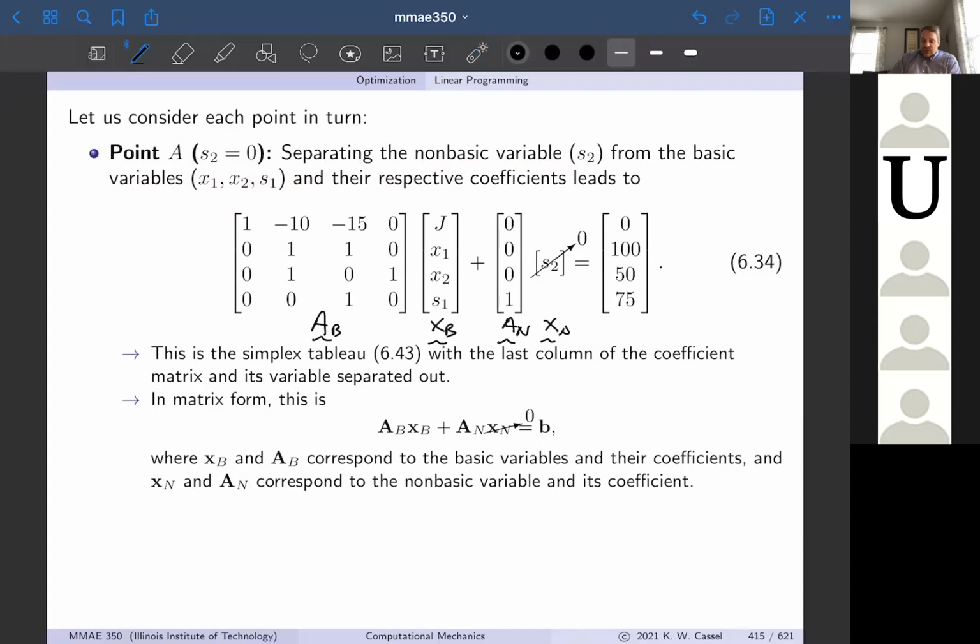All right, so this term goes away because S2 is equal to 0. So we just have AB times XB is equal to B. That's a lot of B's. That, once again, is now a system of equations where we have the same number of equations as we do unknowns. We can solve that for a unique solution for the J, X1, X2, S1 variables that we have. And then we're done.